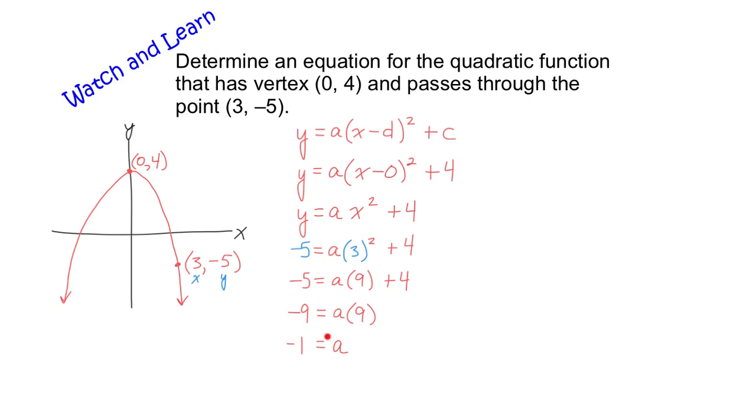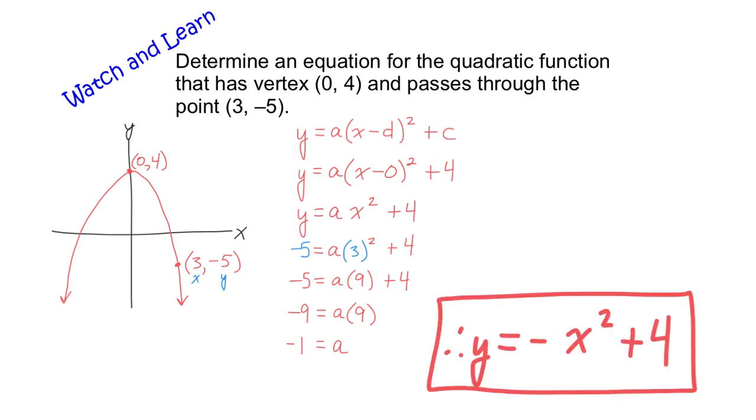And when I do that, I end up with a value of -1 for a. So now that I know what a is, I can go back up here and write out what my full equation is. So if a is -1, it's -1 times x squared, or just -x squared, and then plus 4. This is the equation of the graph.